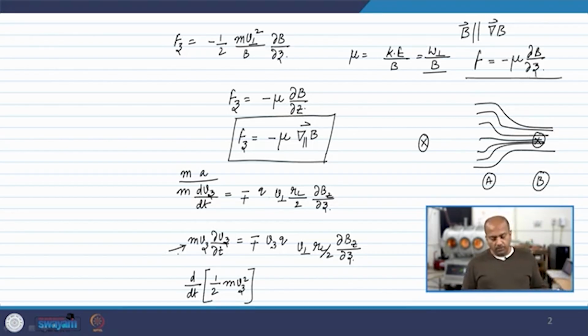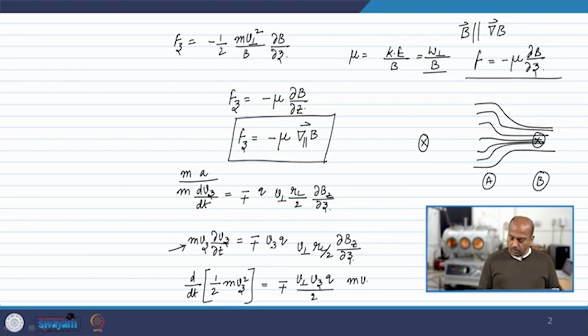formula appearing on the left hand side, which will be equal to minus plus v perpendicular, the perpendicular component of the velocity, and we have Vz anyway, times q by 2. I have expanded RL, the definition of RL, right? m v perpendicular by qB.